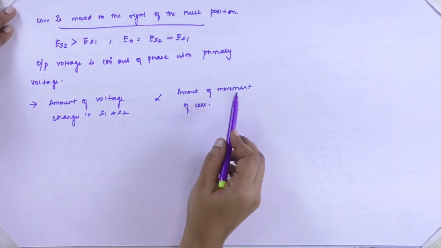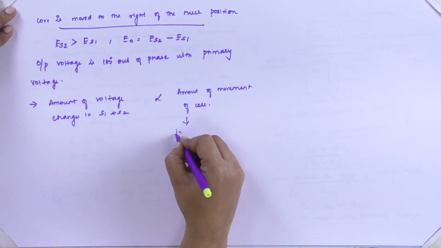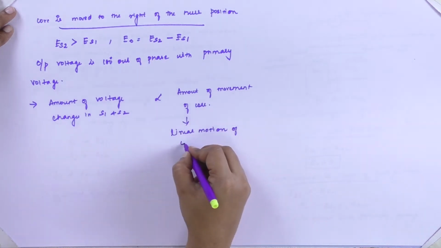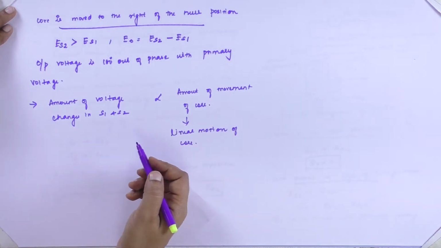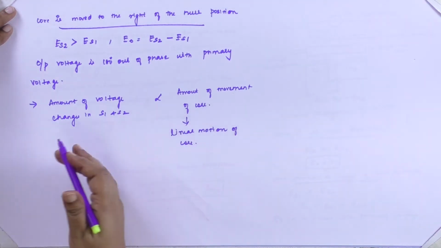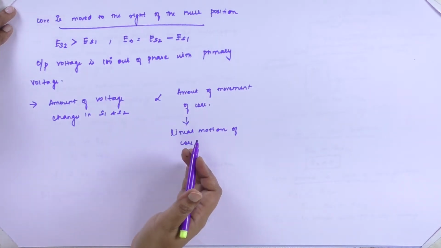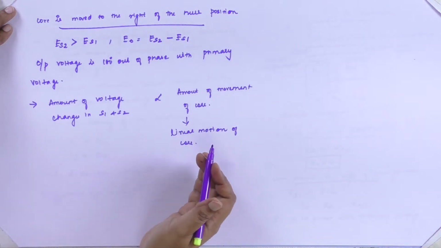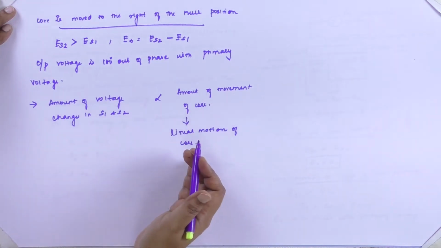So this indicates the linear motion or linear displacement of the core. By noting which output is higher, the direction of movement of the core can also be determined, and the amplitude of the output voltage will be a function of the distance the core moves, while the polarity of the phase indicates the direction of motion of the core.